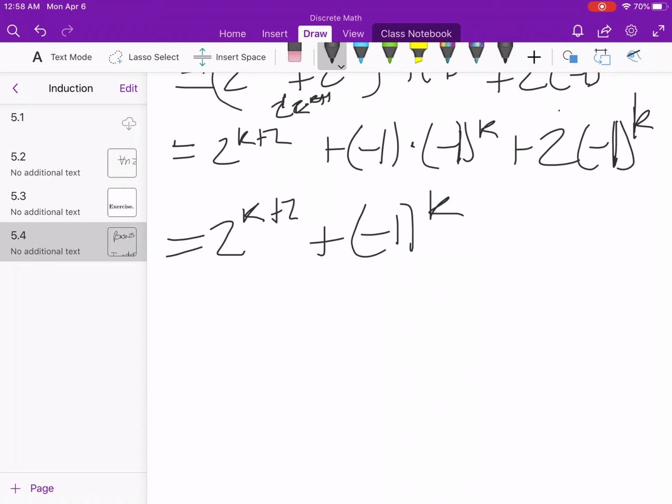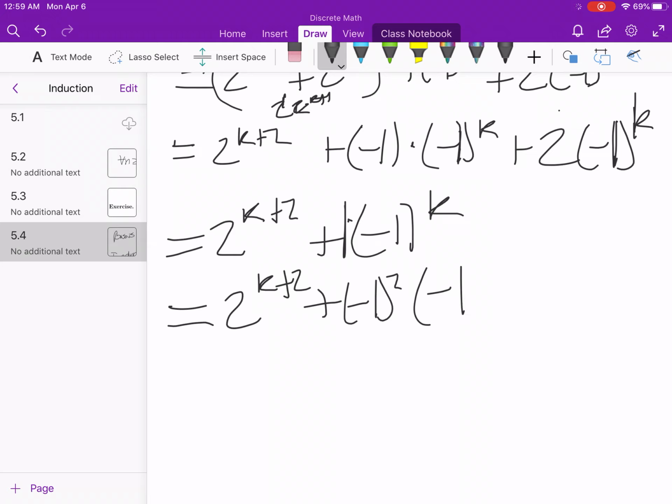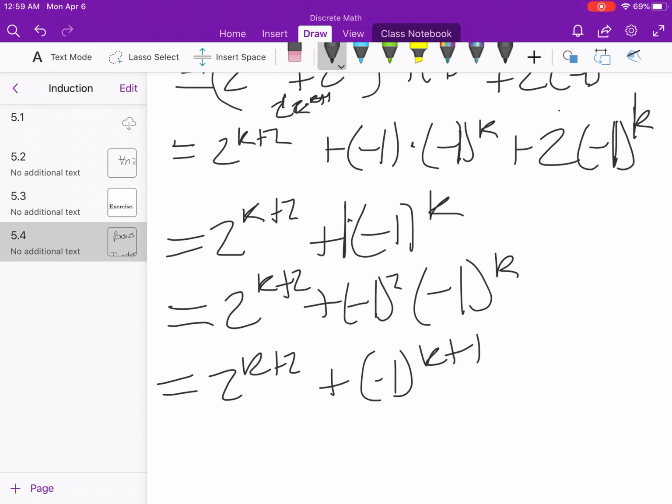There are a couple of ways we can think about this. One way is that I'm multiplying this by a plus 1, right? And this is actually something I can do. Another way of thinking of plus 1 is actually as negative 1 squared, times negative 1 to the k. And now notice this actually gives me what I want: 2 to the k plus 2, plus negative 1 to the k plus 2. So there it is, right?